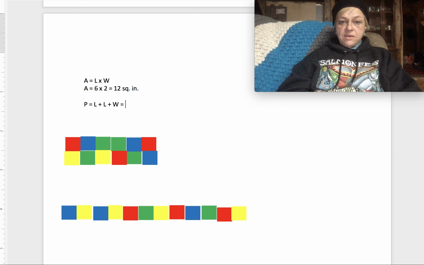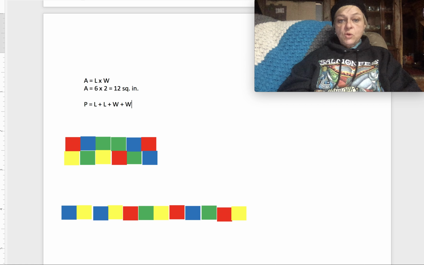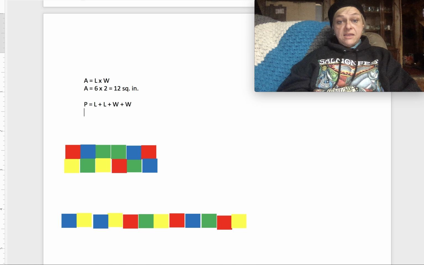Width, oops, plus width. So another thing that you'll learn, there are formulas for this. We could also say the length times 2 and the width times 2. Anyway, we're just going to do addition today.